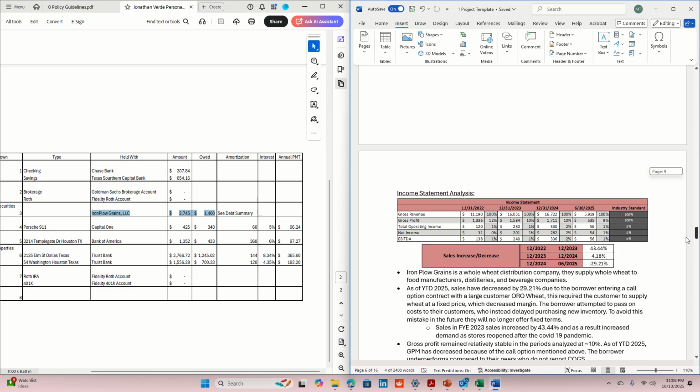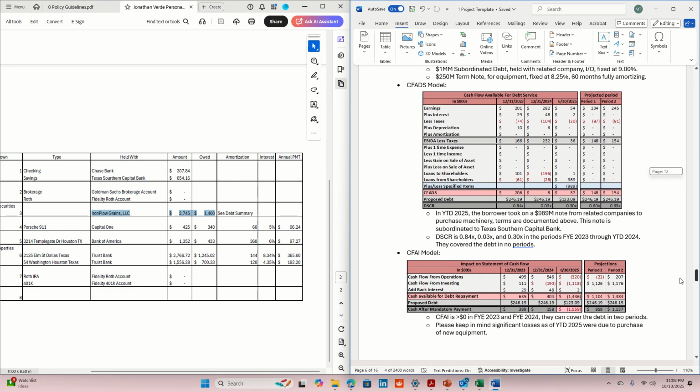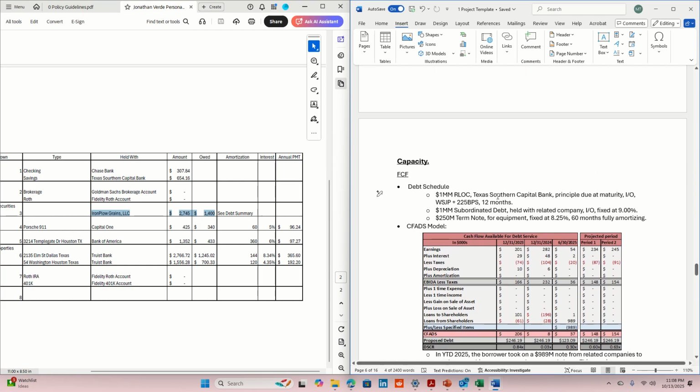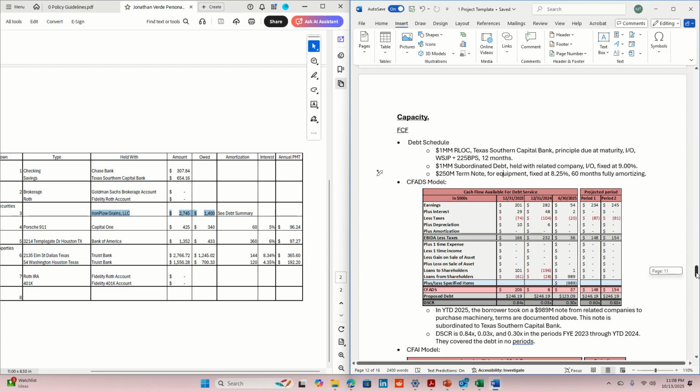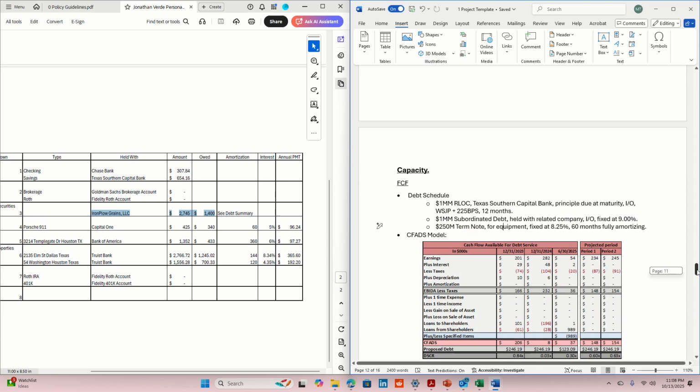So the CFAD section, if we scroll all the way down, I have 1 million. We can disregard the subordinated debt, and then we have 250K, right? That's where I got that from. That's where my amortization or my debt schedule comes from.